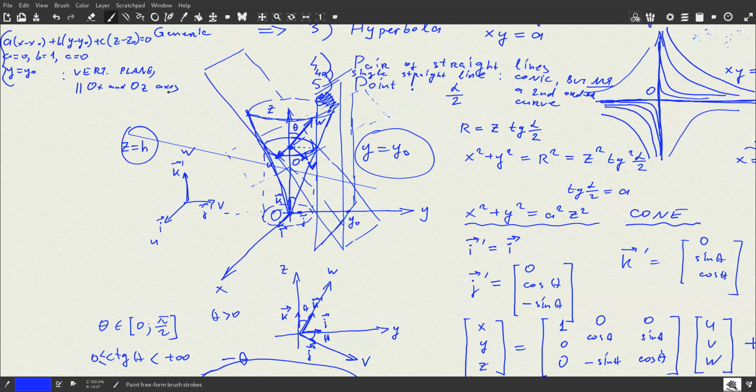Or in the xz plane, we have x squared equals a squared z squared minus y0 squared. Or x equals, if you like, plus or minus the square root of a squared z squared minus y0 squared. What is this? It is a hyperbola as well.